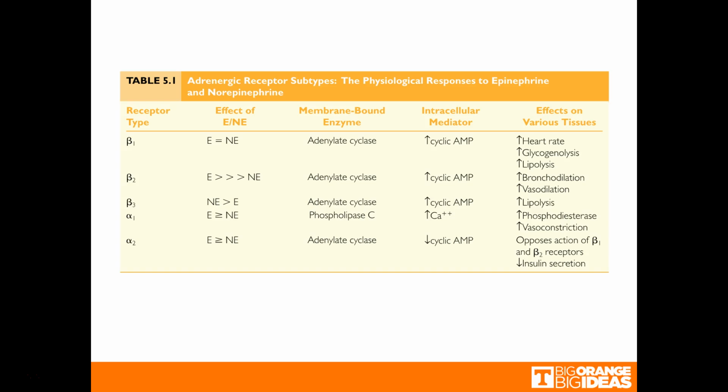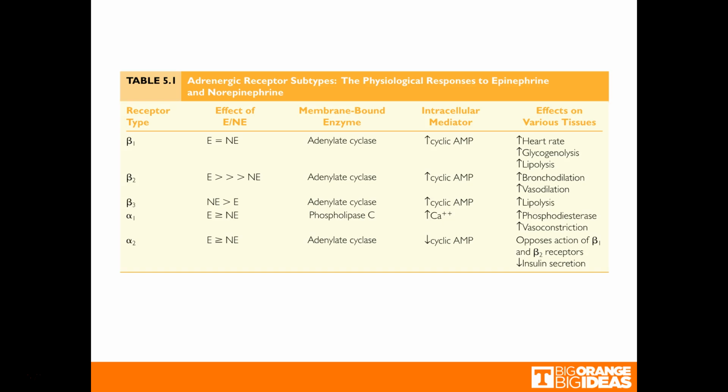So here we have the different receptors. So we have 3 beta receptors, 2 alpha receptors. And so I'll just go through each receptor individually. And so with the beta 1 receptor, epinephrine and norepinephrine are going to have an equal effect. And so really what I want you to know is the effect of epinephrine, norepinephrine, and then the effect on the tissues.